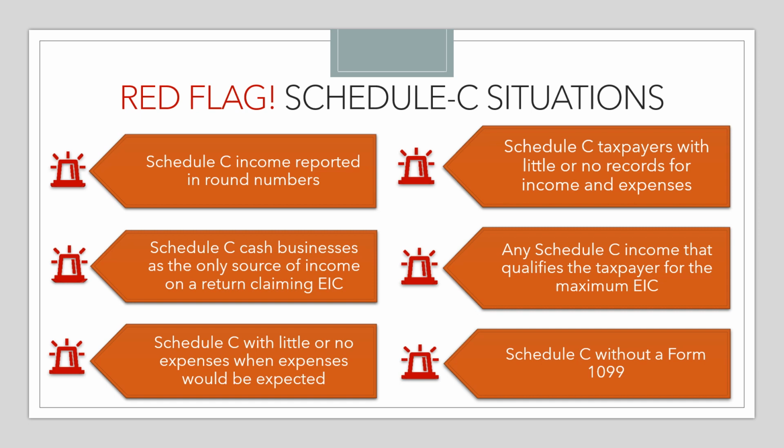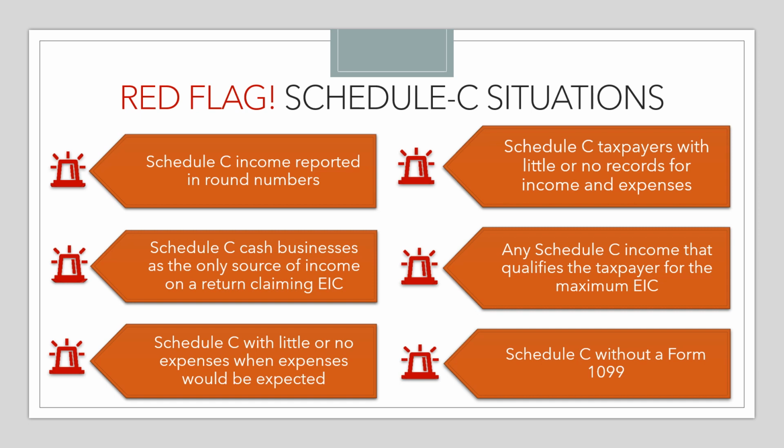Then there's a Schedule C for cash businesses that is the only source of income on a return claiming earned income credit. The only source of income is this Schedule C business. They aren't claiming any wages or other things that could qualify them for EIC, and their business is entirely operated in cash, which of course is a little harder to trace than other types of income. If they're getting checks or card payments, there's a little more of a paper trail.